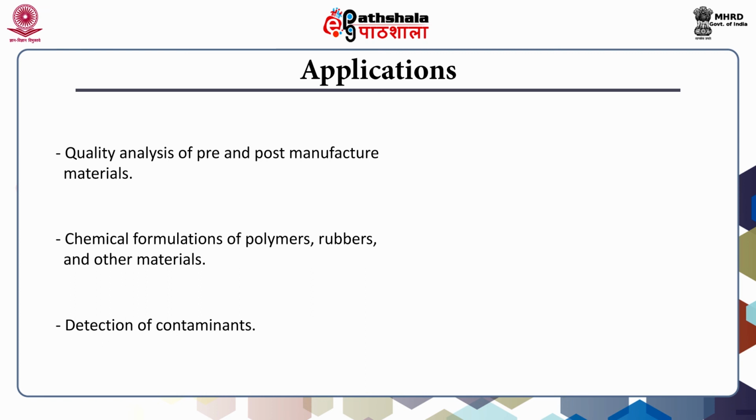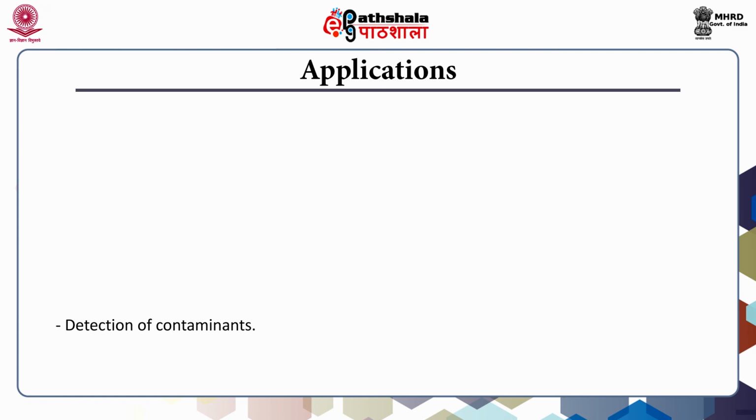FTIR can be used for analyzing automobile or industrial releases. This can be used for analysis of product failure. FTIR can be used for monitoring air quality, testing water quality, and analyzing soil to address environmental and health concerns caused by the increasing pollution levels.